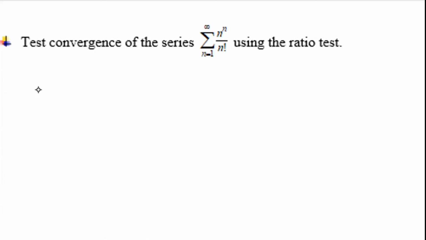You take a limit as n approaches infinity and you put an absolute value around it. And then you take this thingy and put it in the denominator. You with me? And then on the numerator, you put the very next term.